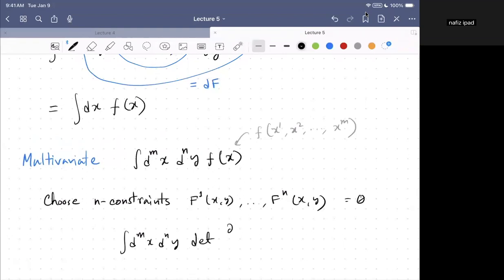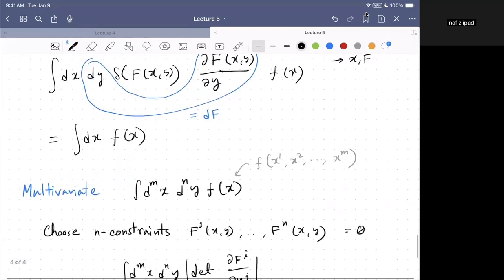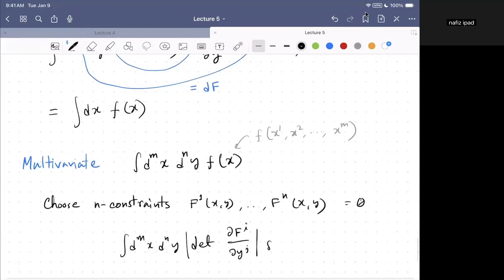So you have the determinant of this thing. And if you remember, you have the norm of the determinant. But again, in practice, we will assume that our choice of f is such that these things are positive, because it is difficult to deal with absolute values analytically. Okay, then the delta functions. You need one delta function for each constraint. So delta f1, delta fn.